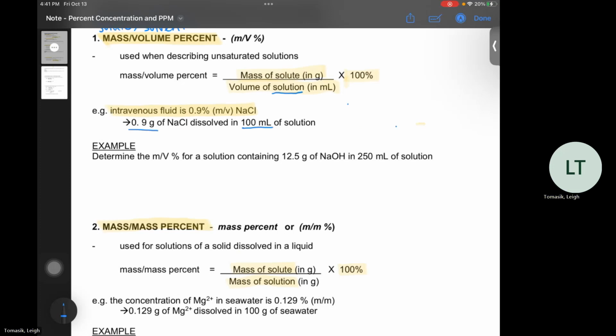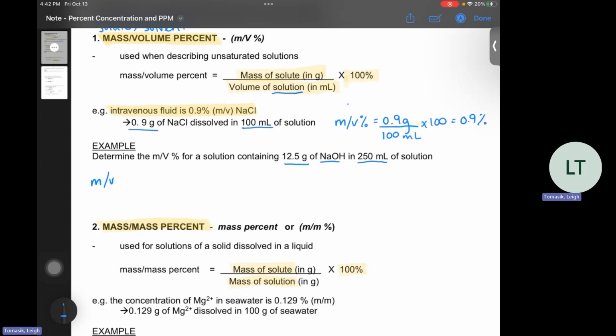So the mass per volume percent is the solute over the solution, times 100, and that will give us 0.9%. Pretty easy, right? Let's take a look at a different but very similar problem. What if we have 12.5 grams of sodium hydroxide in a 250 milliliter solution?